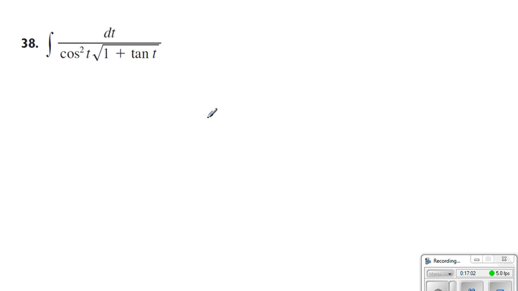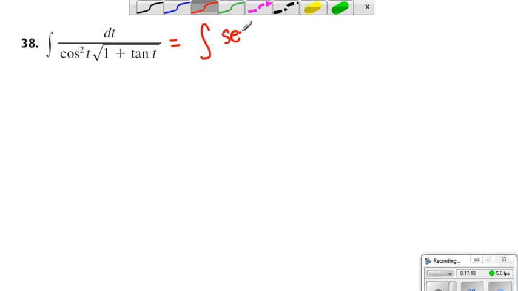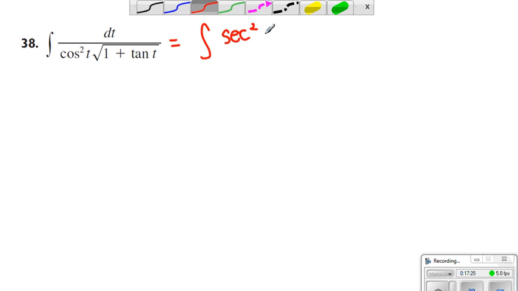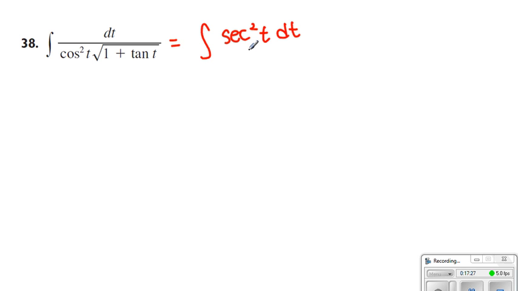Here, how are we going to do this? In fact, if you have to rewrite this one, we'll end up getting something quite nice. Cosine square, if you have to rewrite this one, would be equal to secant square t dt over square root of 1 plus tangent t.